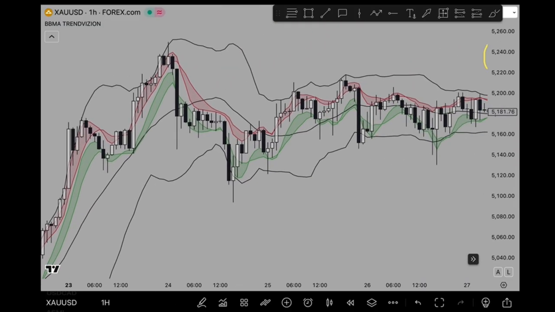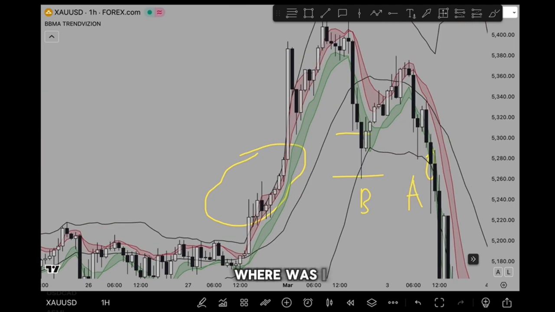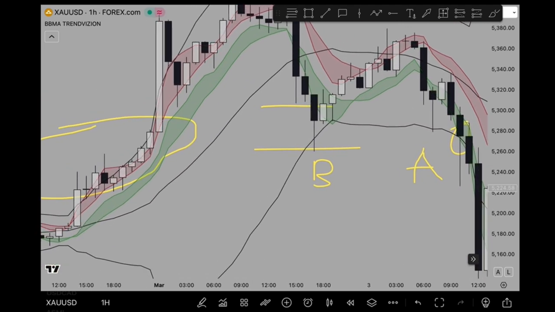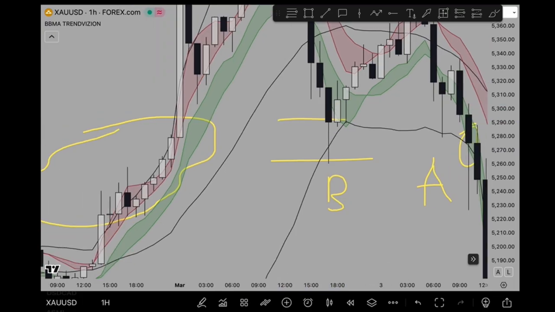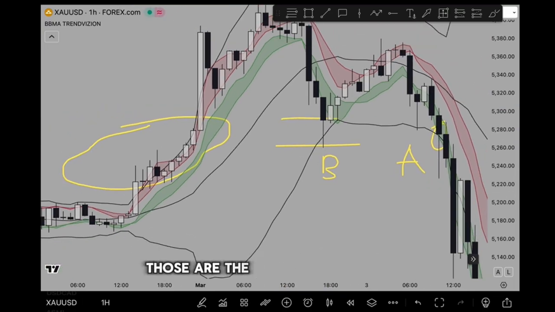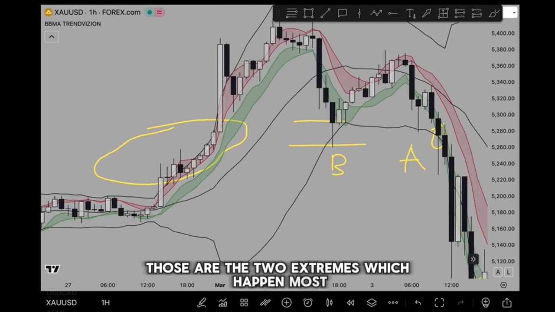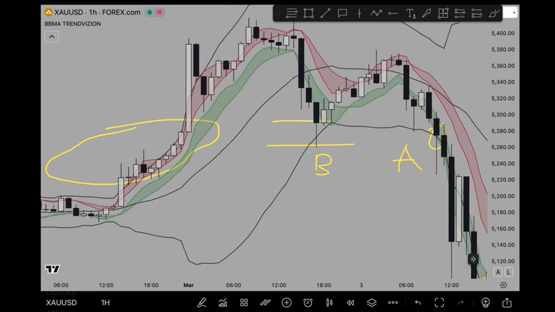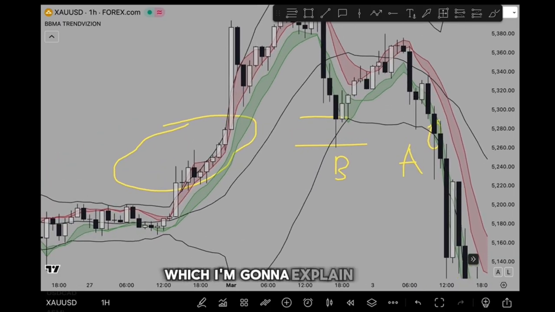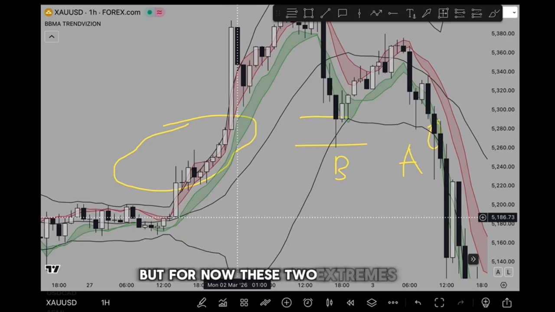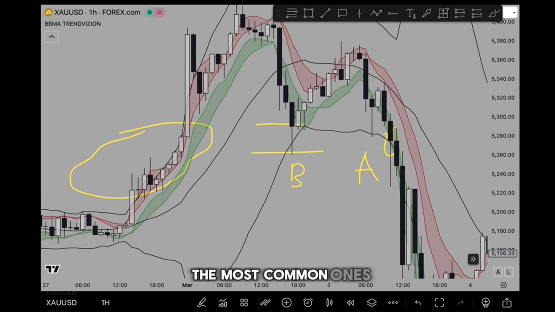So, where was I? Yeah, the extreme which happened here. For now those are the two extremes which happen most, except for maybe the other extreme and the other part of BBMA, which I'm gonna explain later. But for now these two extremes are the most common ones.